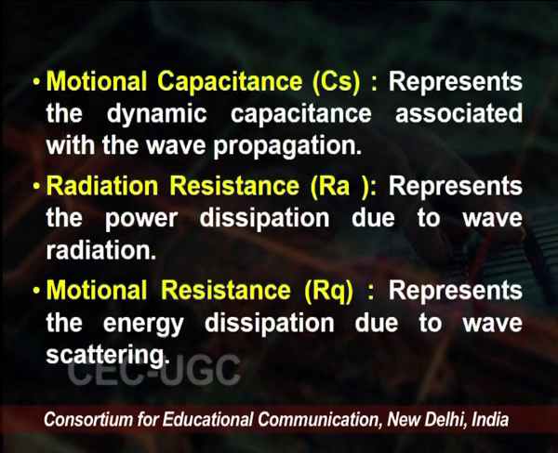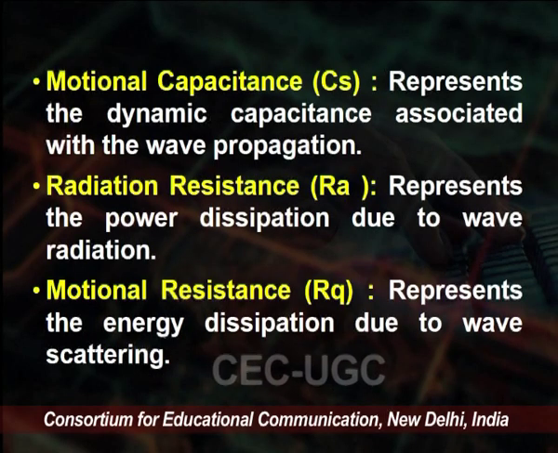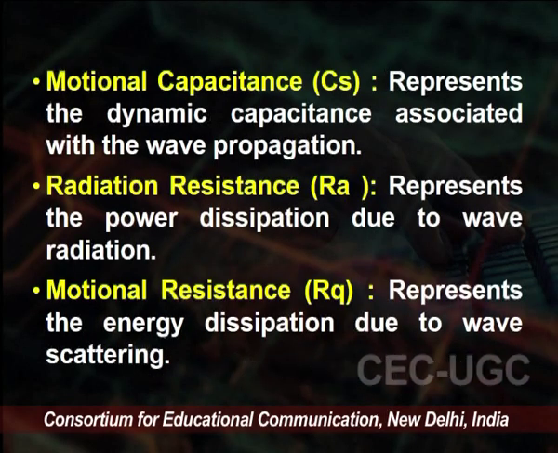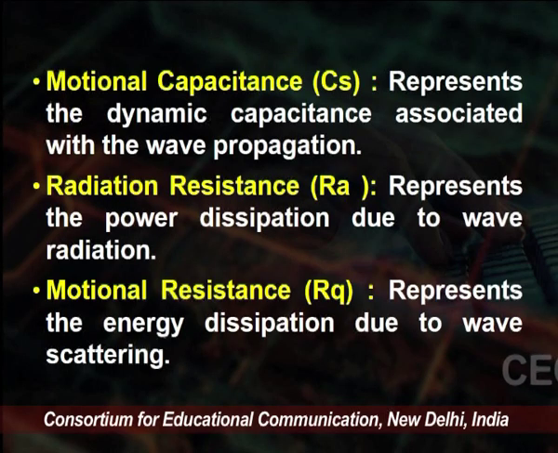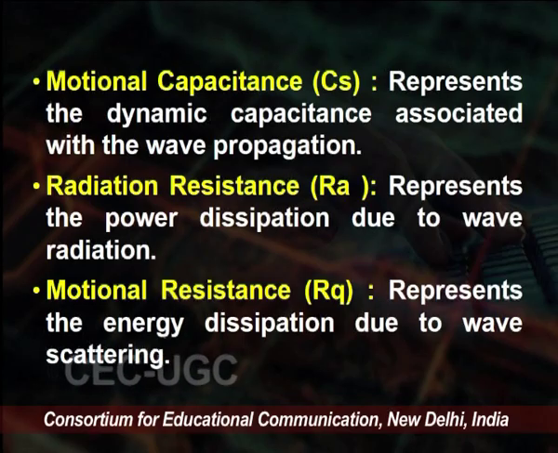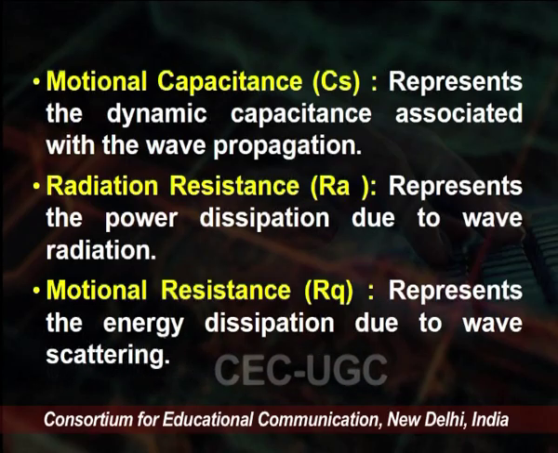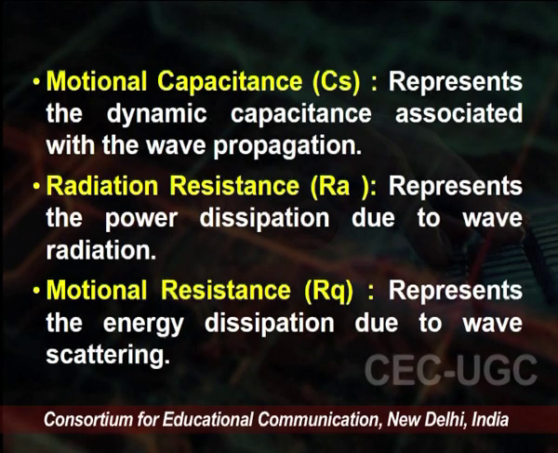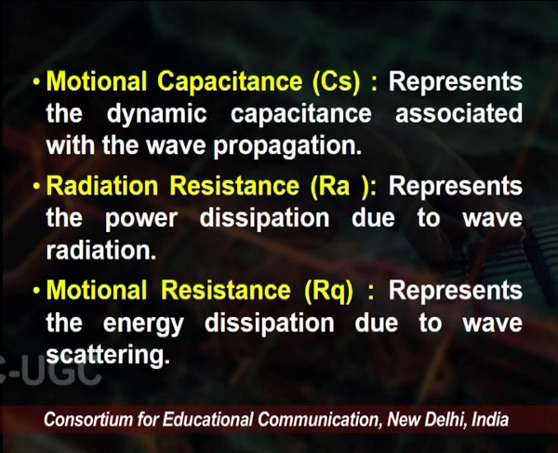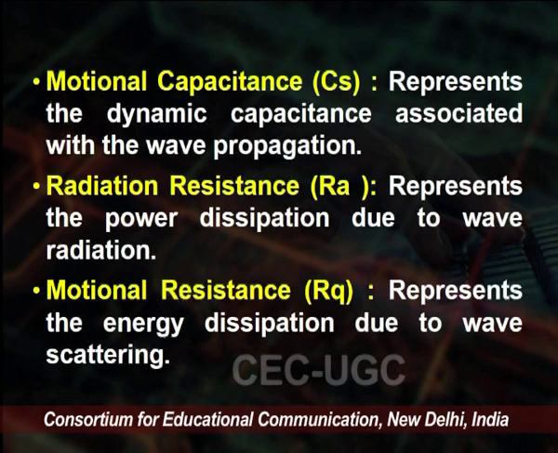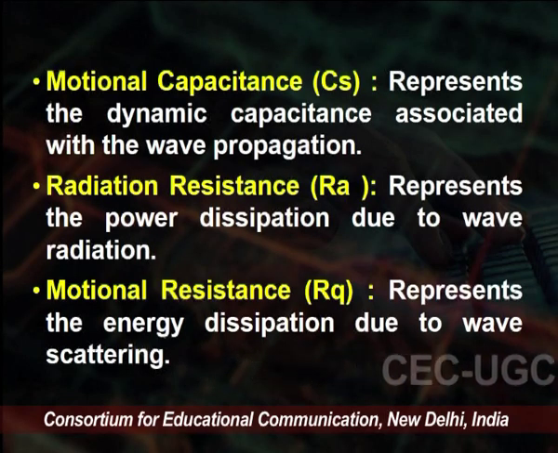Another is the motional capacitance, that is CS, which represents the dynamic capacitance associated with the wave propagation. Then the radiation resistance represents the power dissipation due to the wave radiation. Then we use the motional resistance, represented by RQ, which represents the energy dissipation due to the wave scattering.